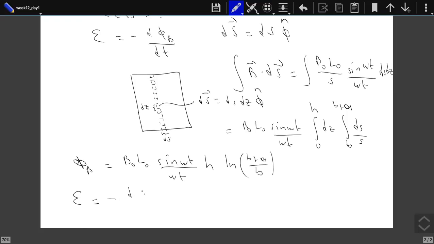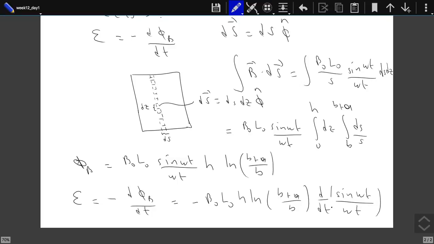EMF is nothing but minus d phi b by dt. So this is equal to minus B0 L0 h logarithm of b plus a over b times d by dt of sine omega t over omega t. No, this is not completely correct.